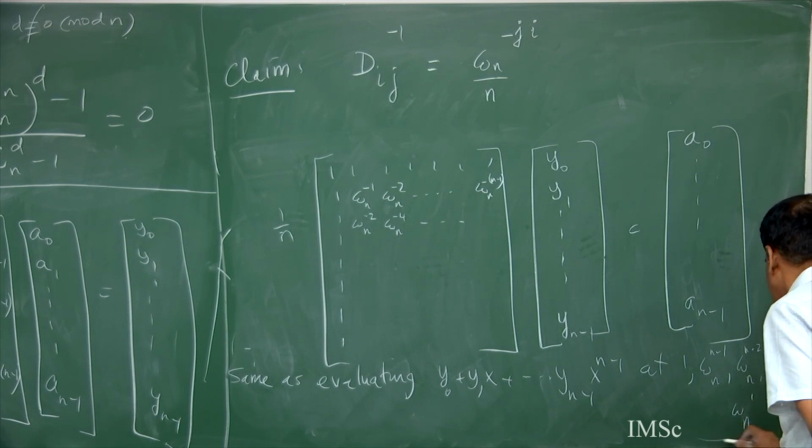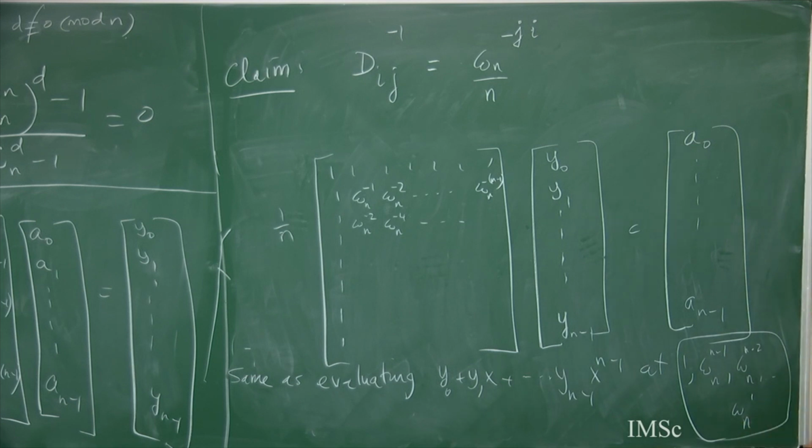So it's the same thing. It's exactly the same thing actually. If you just think of it, it's just in a reverse order. So we know how to do this in n log n time, right? Now we have a different polynomial.